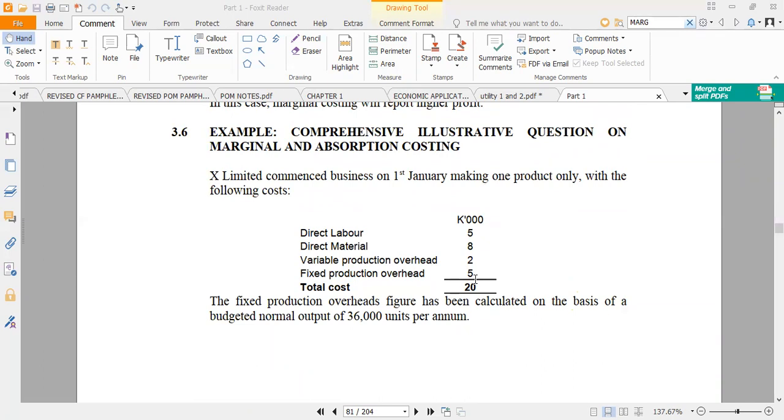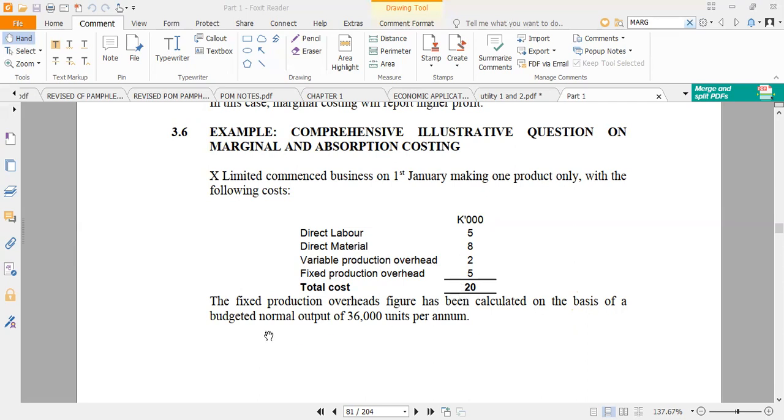But in the case of marginal costing, we only concentrate on direct labor 5, plus 8, then plus 2 for variable production cost, because marginal costing only deals with the variable cost. Then we'll get into the calculations.